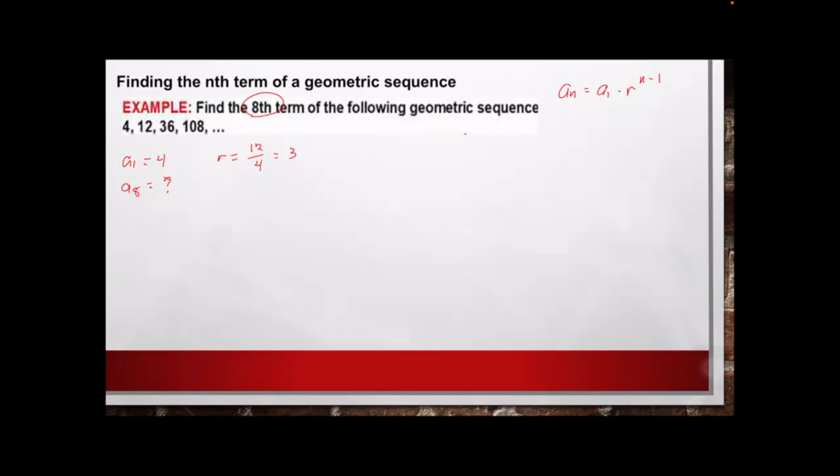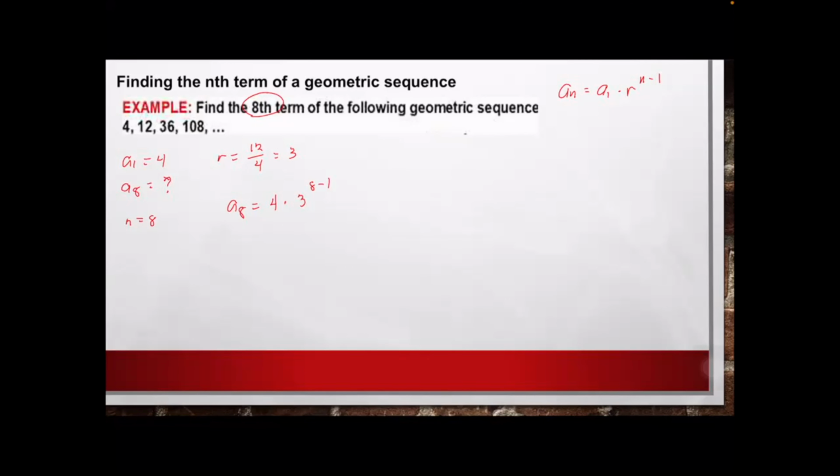Now, using the formula, we have a sub 8 is equal to the first term, 4, times r, which is 3, raised to n. The n pala natin dito is equal to 8. So we have 8 minus 1, based on the given.